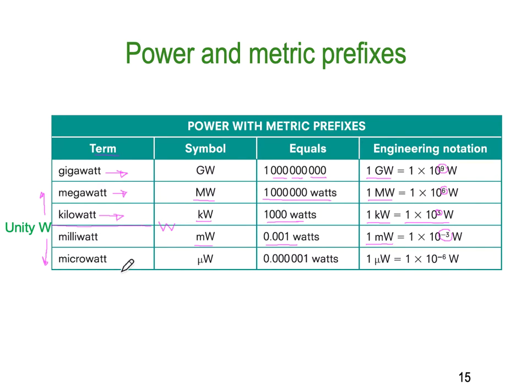And then our last one in the prefixes is the microwatt. Small mu, large W, and of course it's a millionth of a watt, or 0.000001 of a watt, written as 1 microwatt, or 1 times 10, again minus 6, to represent millionths.